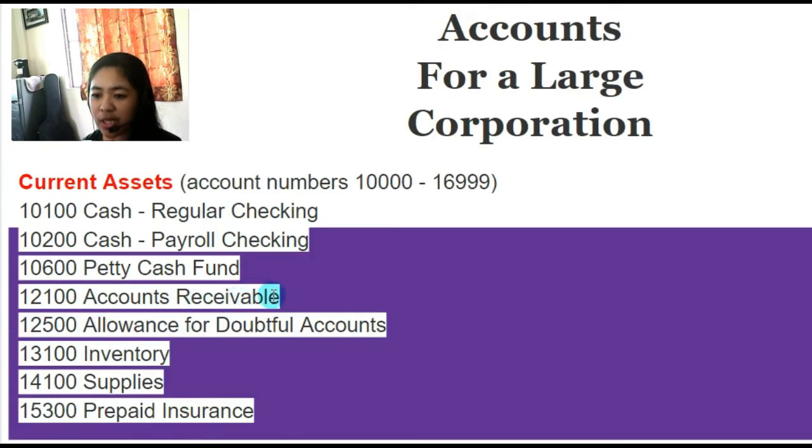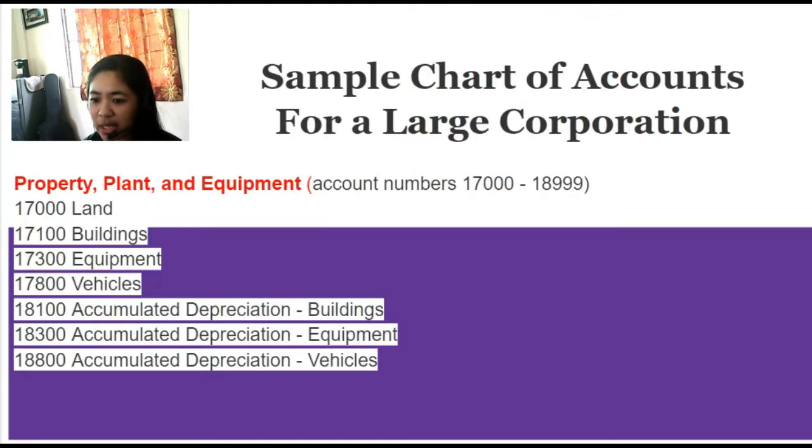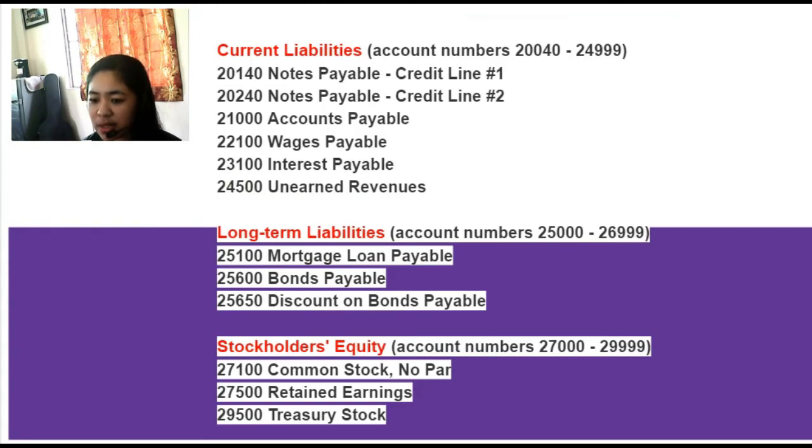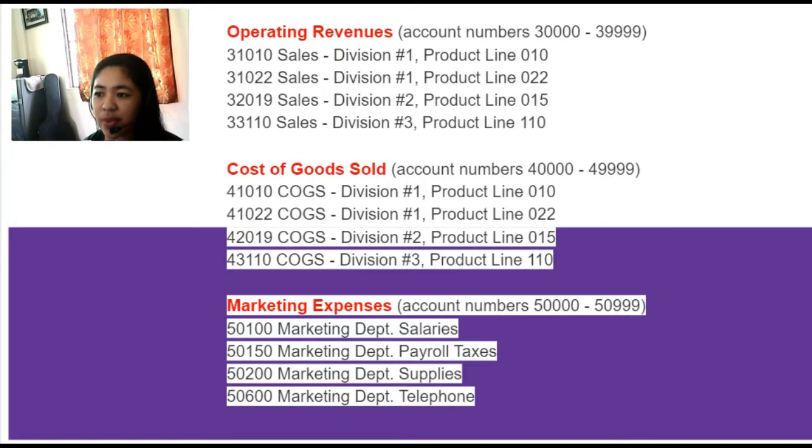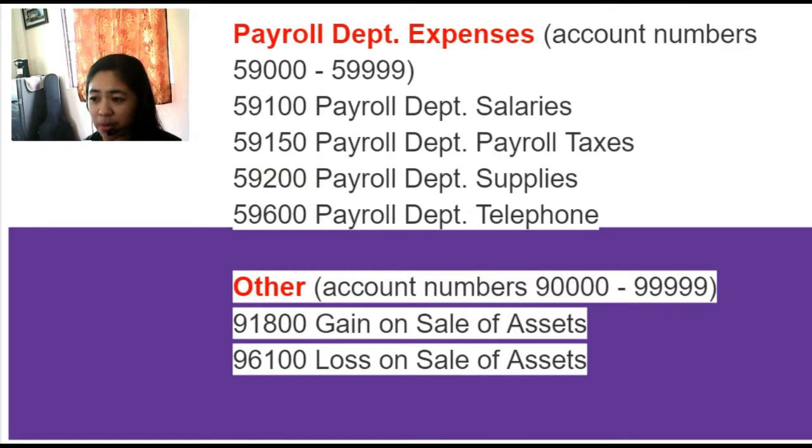We have here the example of account numbers for a large corporation. For a large corporation, we have current assets, property, plant, and equipment, current liabilities, long-term liabilities, stockholders' equity, operating revenues, cost of goods sold, marketing expenses, payroll department expenses, and others.